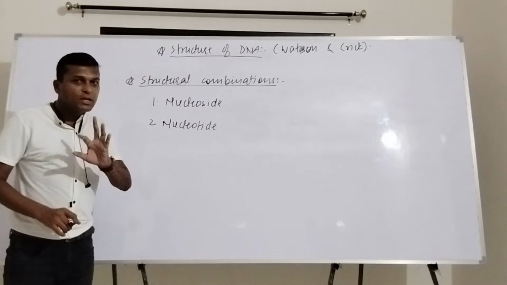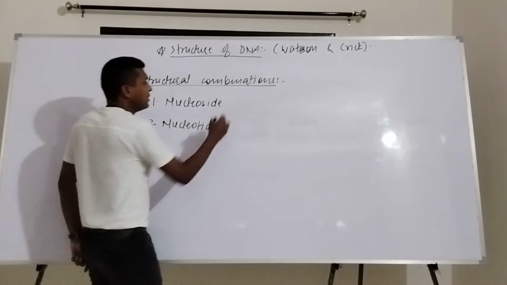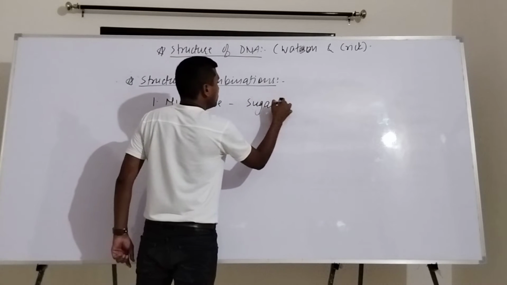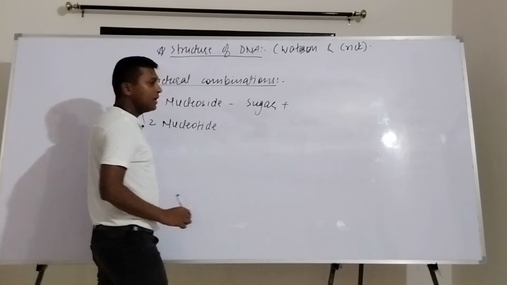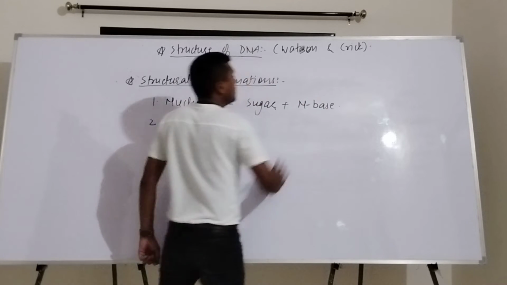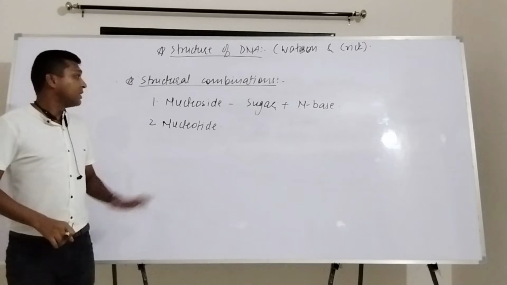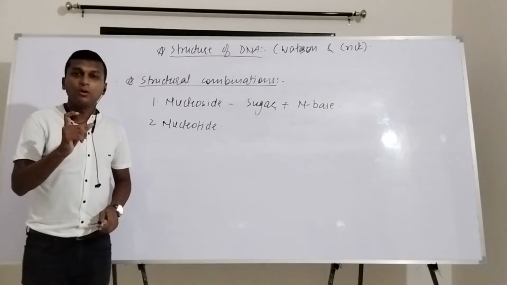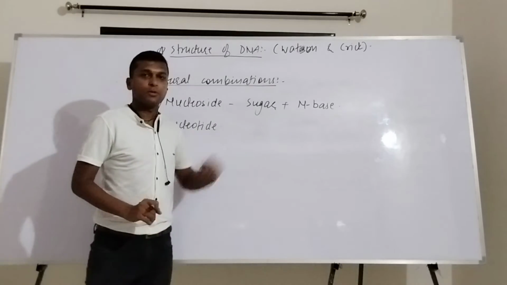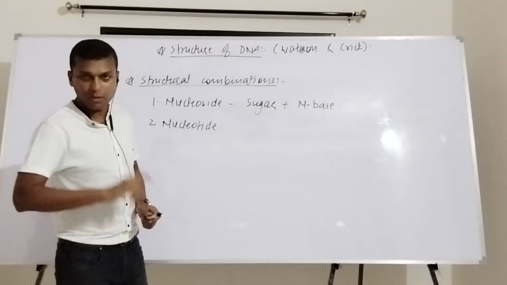Very simple. We have three basic components of the DNA. The first component is sugar, plus the second component, nitrogenous base. When both of them combine, they form a nucleoside. Getting my point? Nucleoside means sugar plus nitrogenous base, first component plus second component.